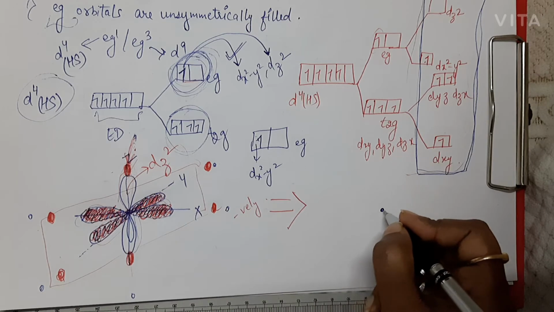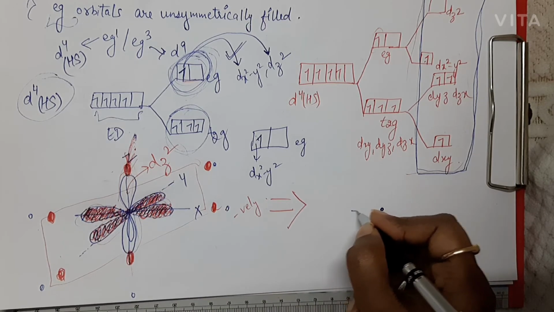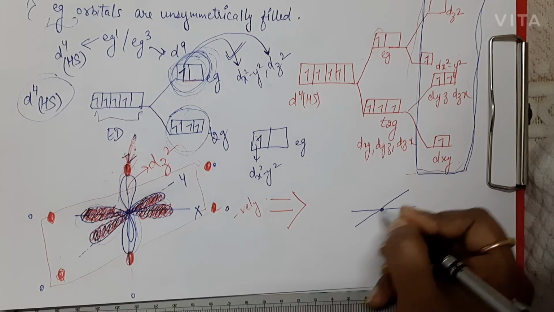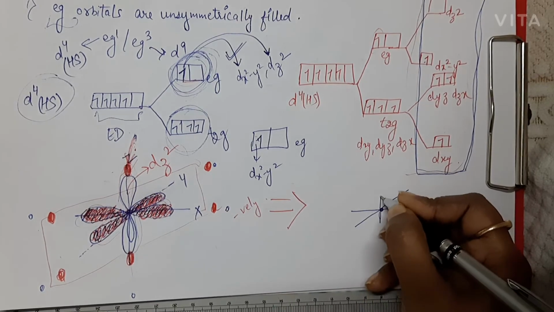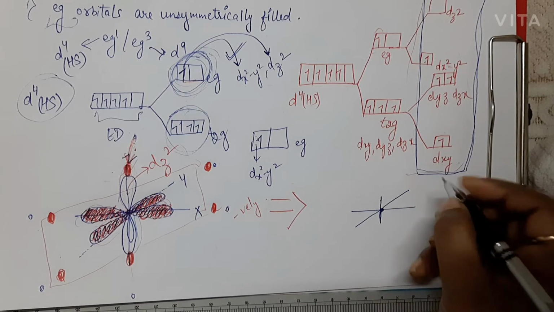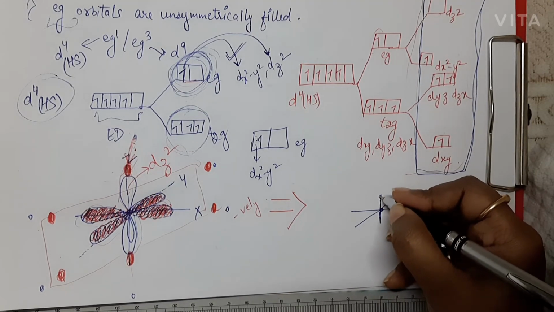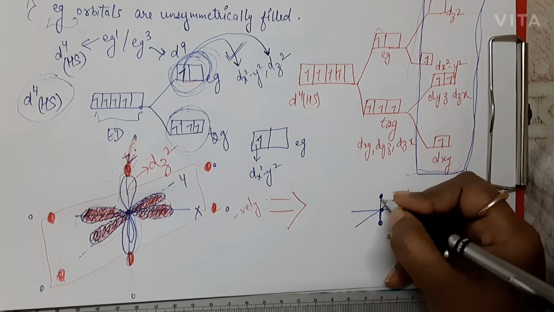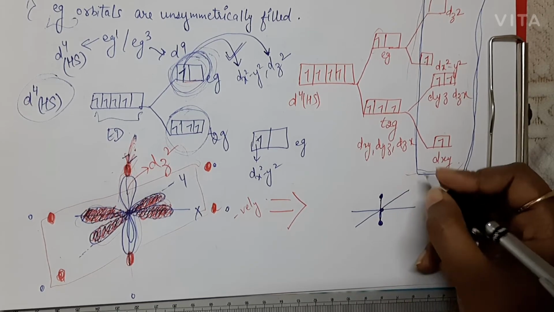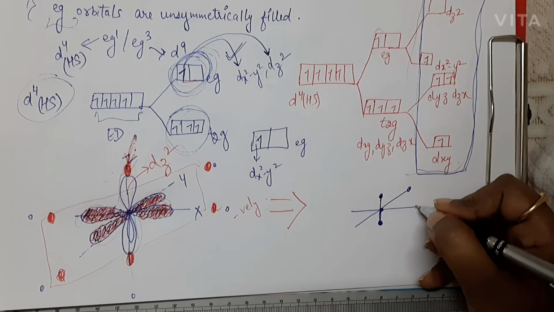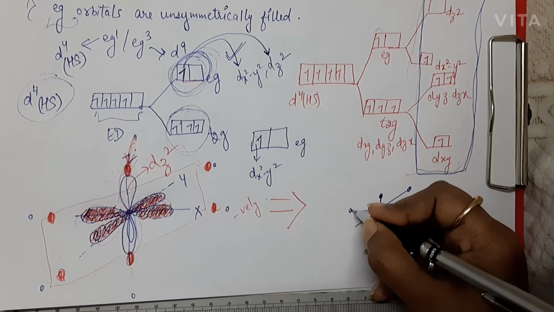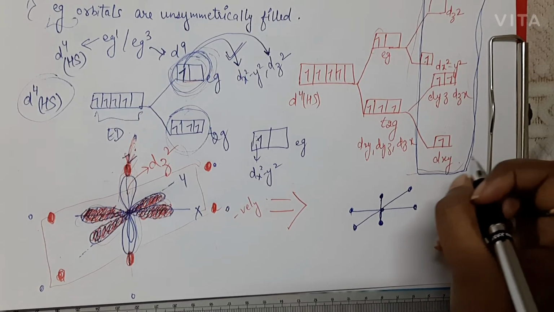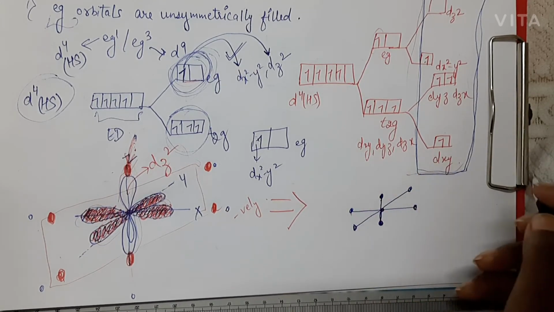And if I draw the x-axis, y-axis and z-axis, then what happens? Along the z-axis the electron has not moved much. The ligands are very close, and along the x and y-axis the ligands are comparatively far apart. So what we can observe in this case is the case of Z in.